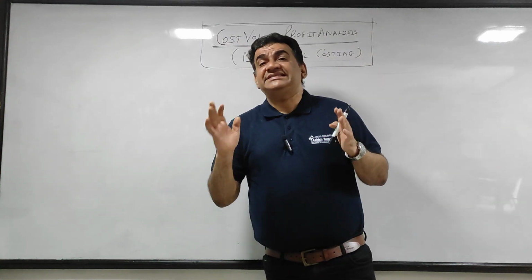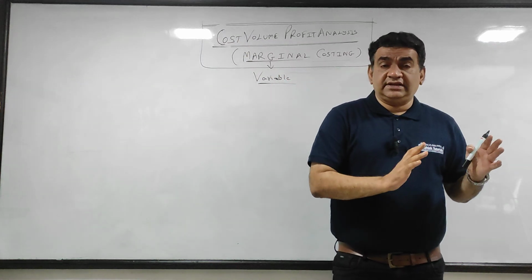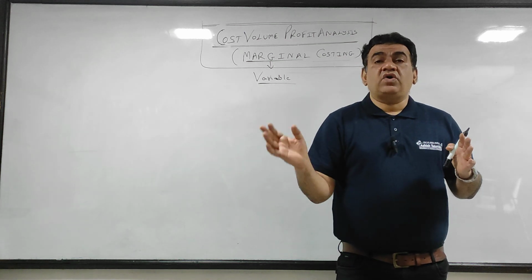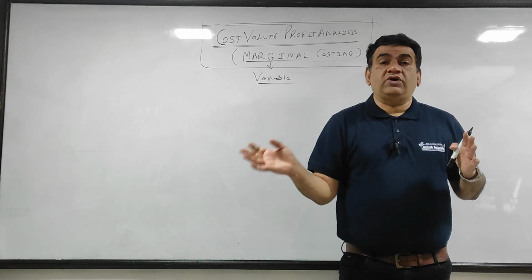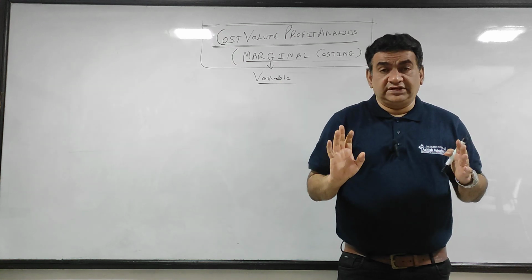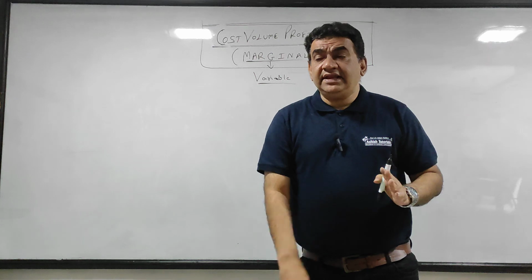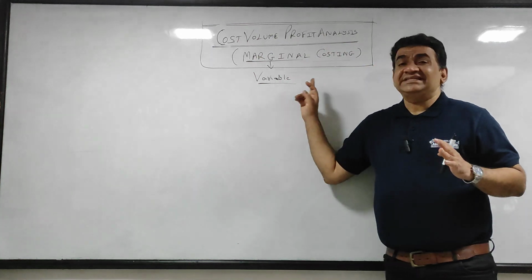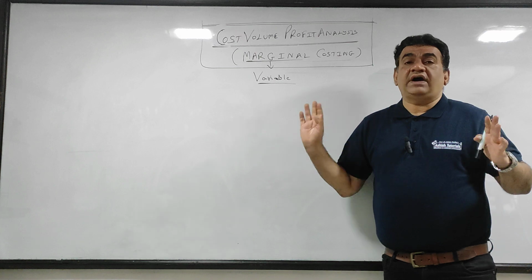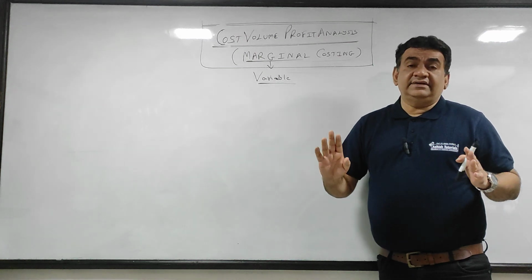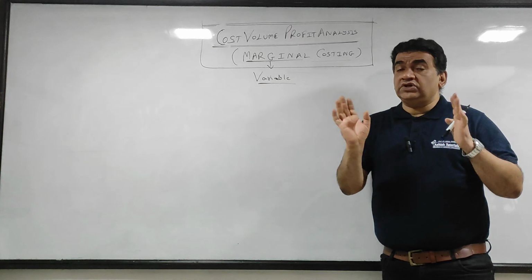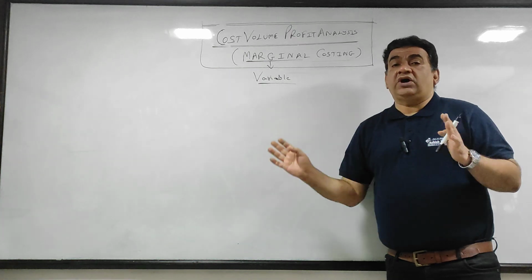Variable cost is that cost of the product which changes or varies according to the volume or the output. It depends upon the number of units. I'll repeat again. Variable cost is that cost which changes according to the level of output, and the total cost will vary depending upon the output.